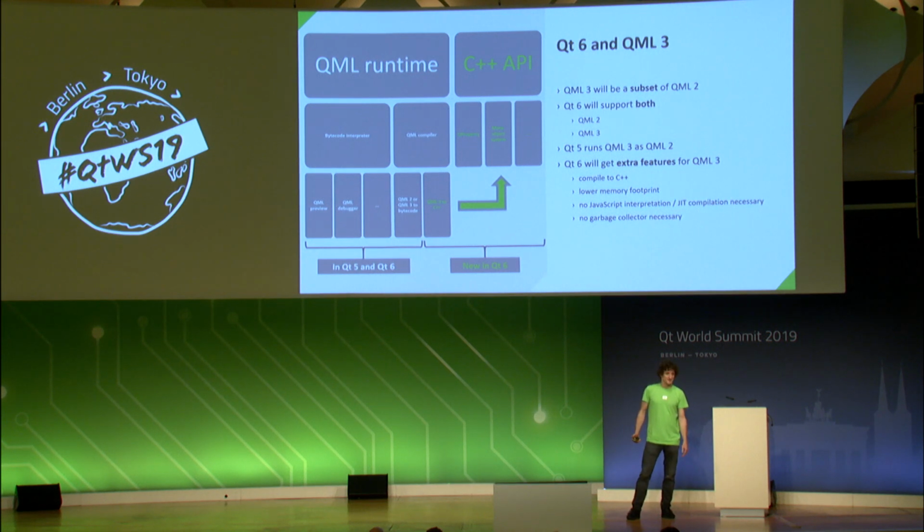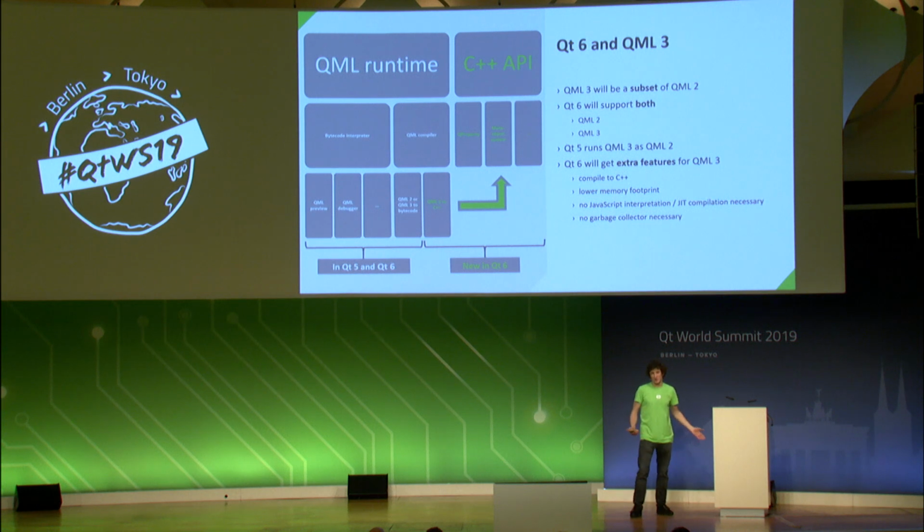And in order to get there, we need to change some of your code. Because our new QML3 compiler won't understand all the naughty things you've been doing by now. But fear not. We won't throw away the QML2 in Qt 6. You will still be able to run QML2 with dynamic runtime and a compiler attached to that. You will be able to do QML previewing and QML debugging.